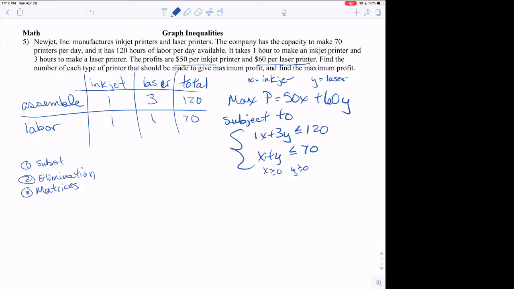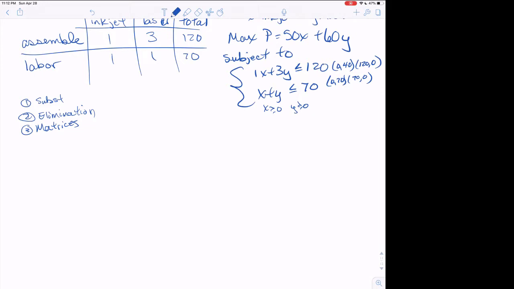Now, I don't care which of the 3 ways you do, but you need to find the intersection point for the 2 lines. You also need to be able to find that if x is 0, then y is 40. If y is 0, then I have 120x. I have 0, 70, and 70, 0. Those are just 4 points that are real easy so that you can draw a quick sketch of the line.